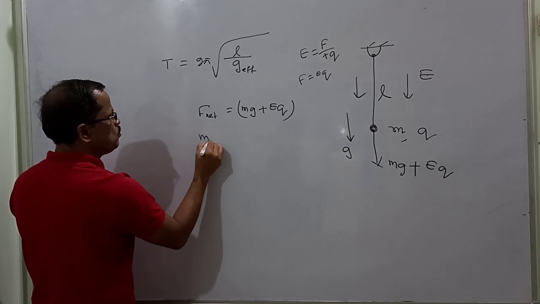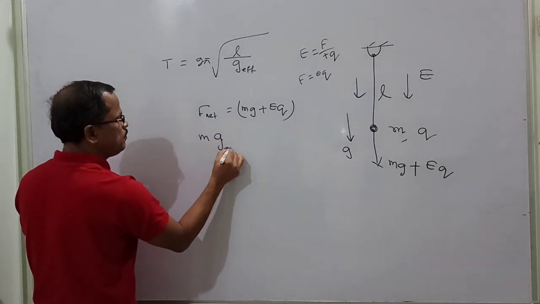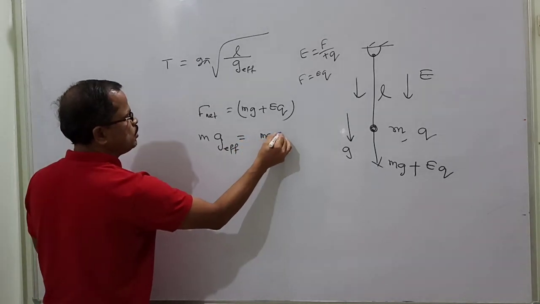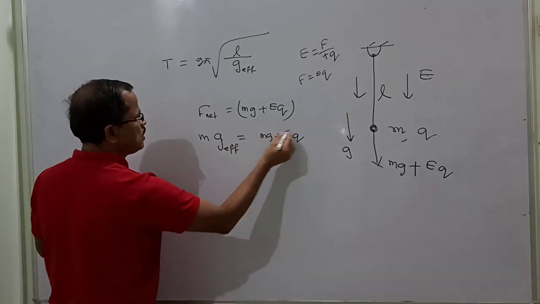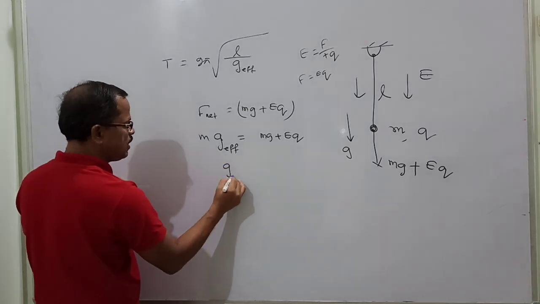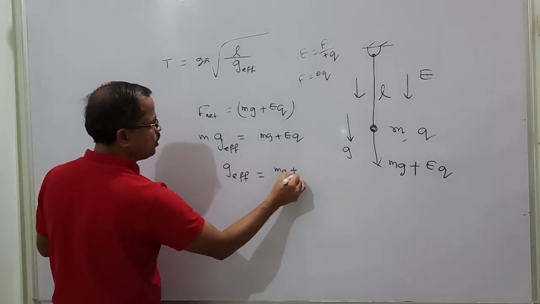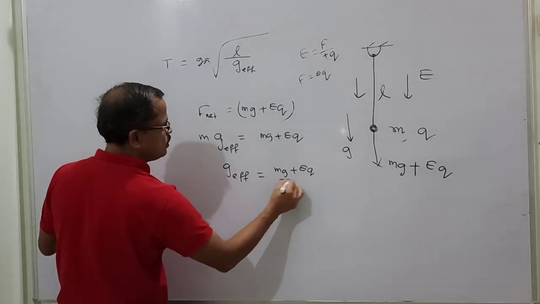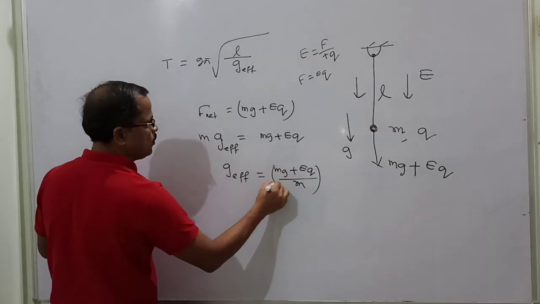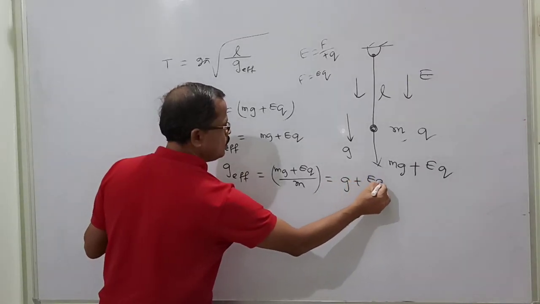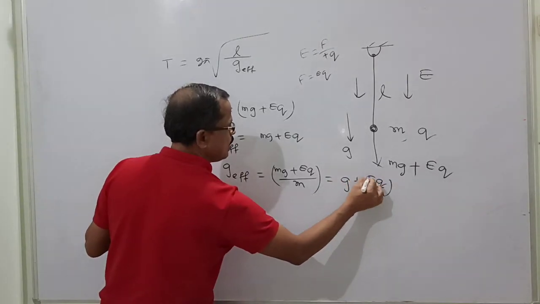Net force is equal to mass times effective acceleration, so mg plus EQ equals m times g effective. Then g effective is equal to (mg plus EQ) divided by m, which is g plus EQ by m.